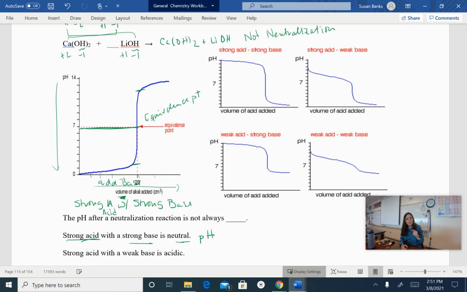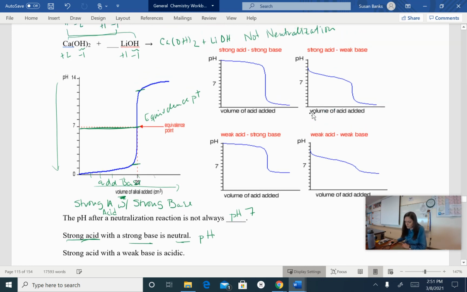Okay? But pH is not always at a 7 when we have that equivalence point. So the pH after neutralization is not always a pH 7. It's not always neutral. So let's look at what happens when we have a strong acid with a strong base.